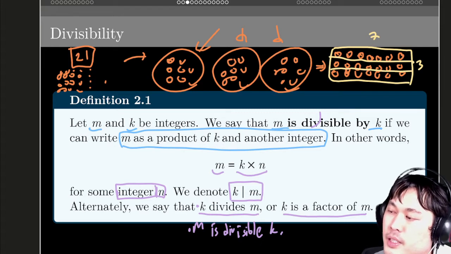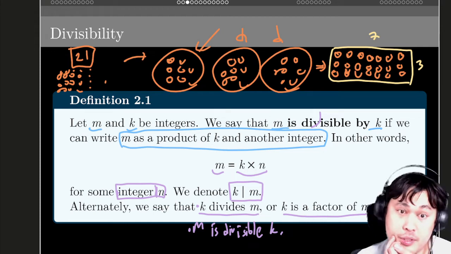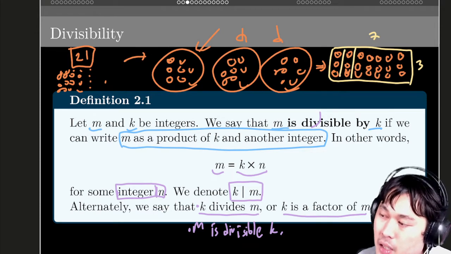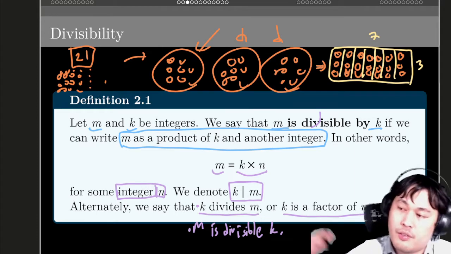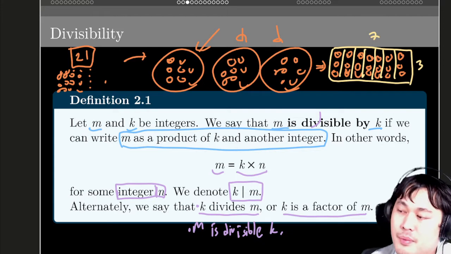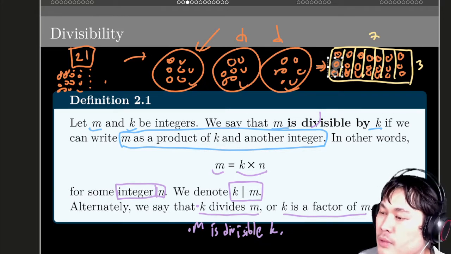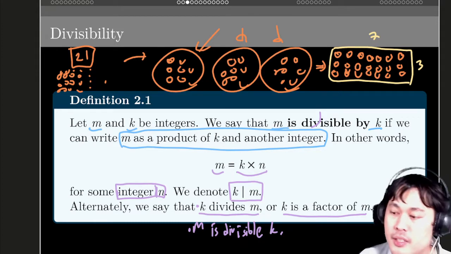Each group is represented by a row. You can also divide them into 7 groups if you divide them by columns, 7 groups of equal size. Oh yeah, I should have said that. They have the same size. There are 3 balls in each group. So that's the intuition behind divisibility.